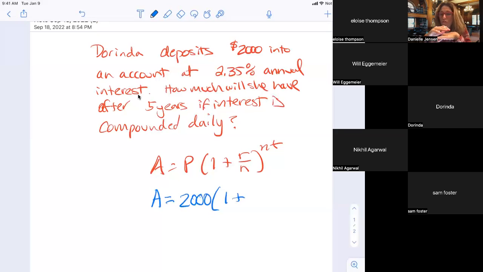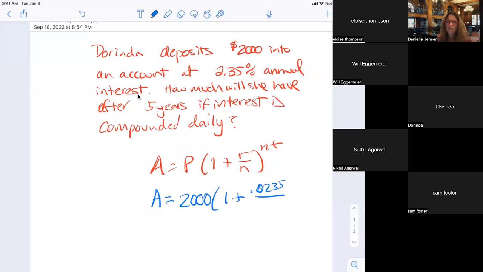If you're noting significant growth in your money and it's only 2.35% interest, then you probably wrote R wrong. So make sure you write it as a decimal, which would be 0.0235, which is 2.35%.